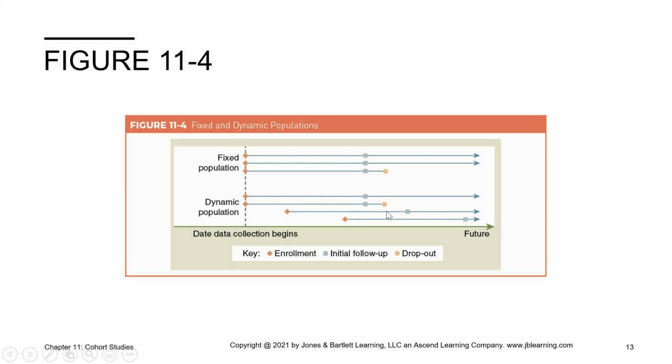So in an open data collection, you could have recruited people before that initial follow-up in anticipation of people potentially dropping out, and then follow them up. Your initial follow-ups for each of them will be different, because say if this is 3 months, you wouldn't want this to be a month later when you actually followed them up. So you would adjust their timing.